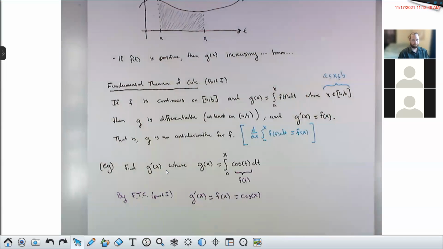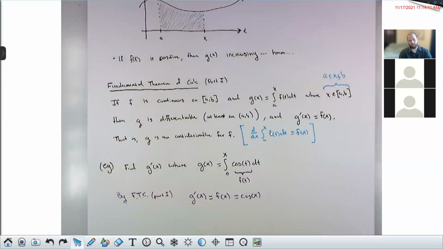And the blue expression here is the way I like to think about it, because this says that the derivative and the integral undo each other. The derivative and the integral are inverse operations. If you do one and then do the other, you just get the function that you started with.